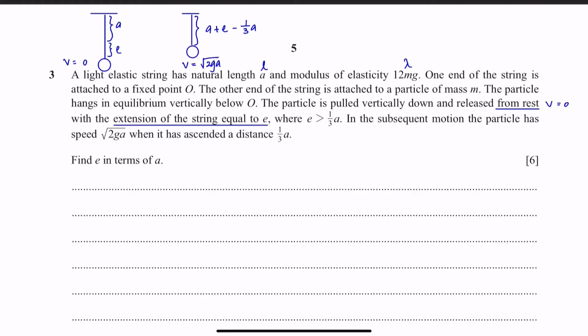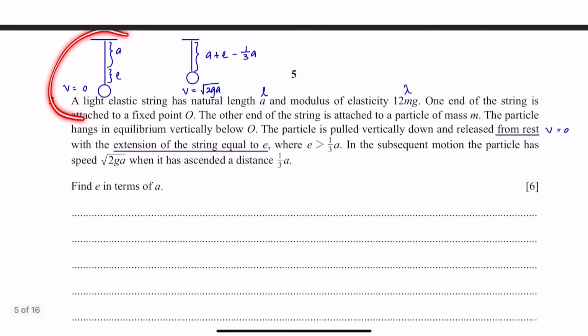So we need to find e in terms of a. Okay, so we can just compare these two situations. And we know that there is a change in the energy: the elastic potential energy, gravitational potential energy, and the kinetic energy are changed.